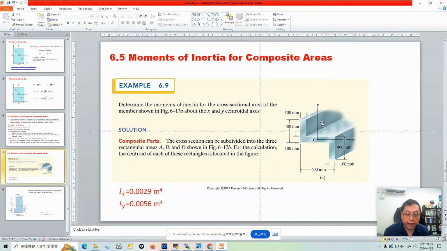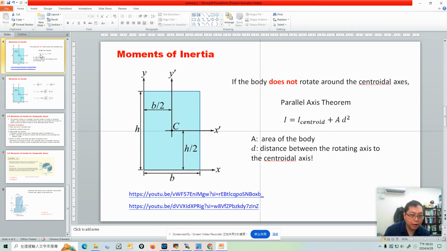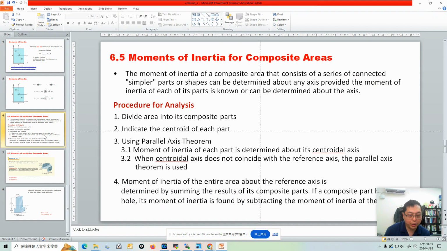In the previous video, we already showed you the very basics of the moment of inertia calculation, and we used the rectangle as the example to show you the formula for the moment of inertia for a rectangle, and also the parallel axis theorem.